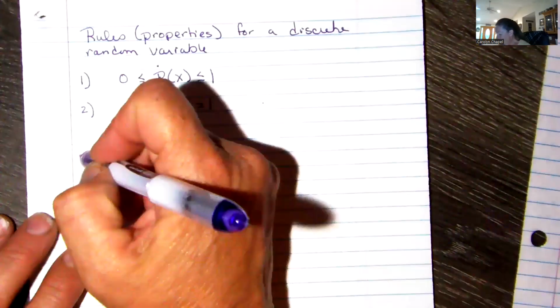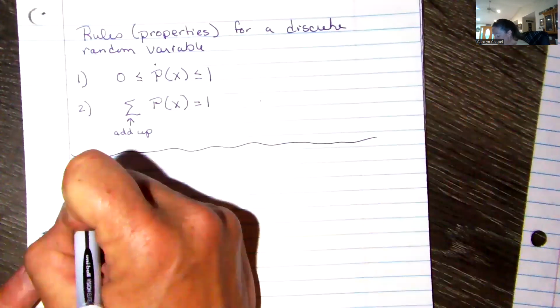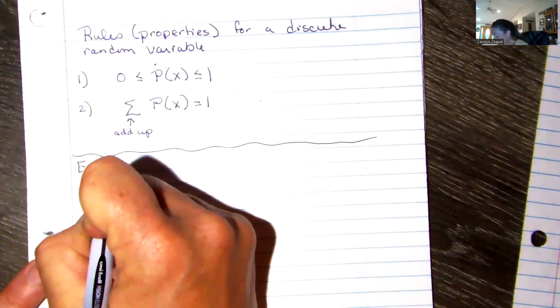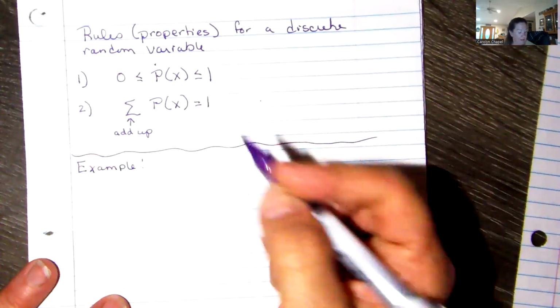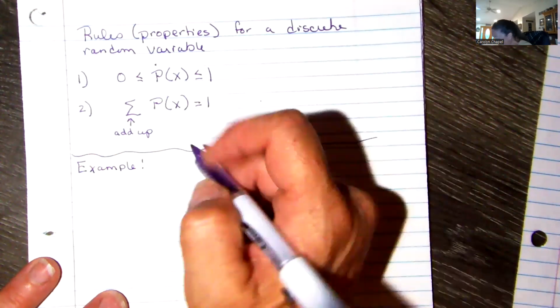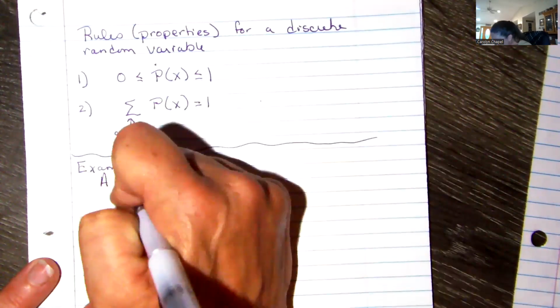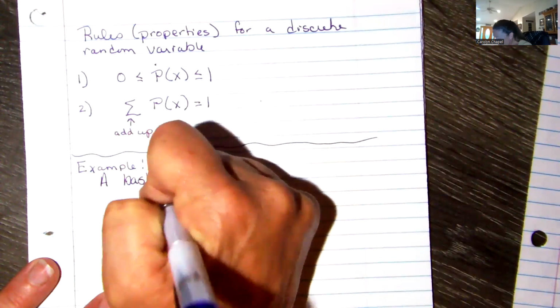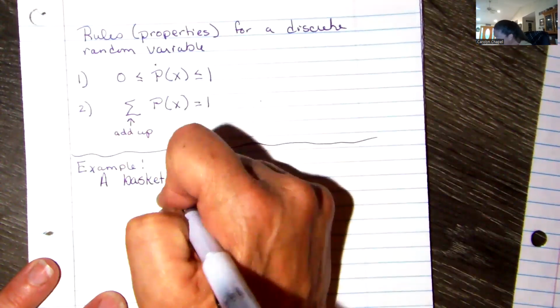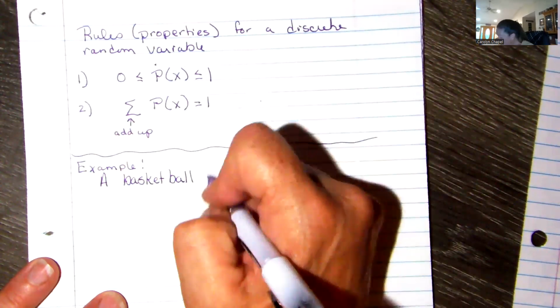So here's another example. Let's say that a basketball player, we see a lot of probability and stuff in sports, so we like to use sports a lot for examples.